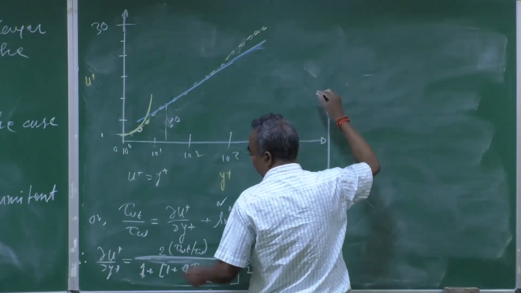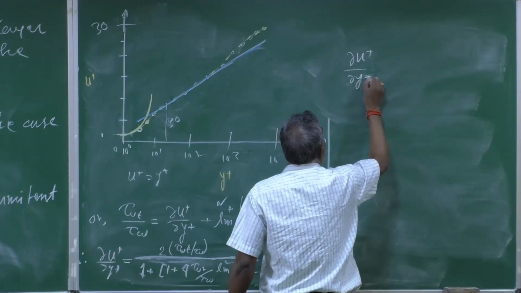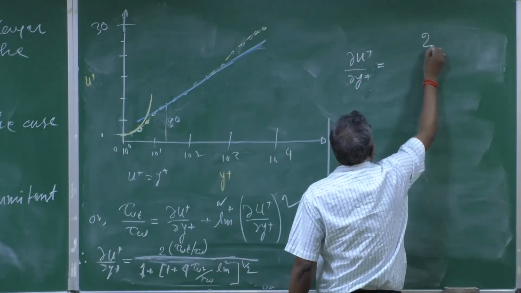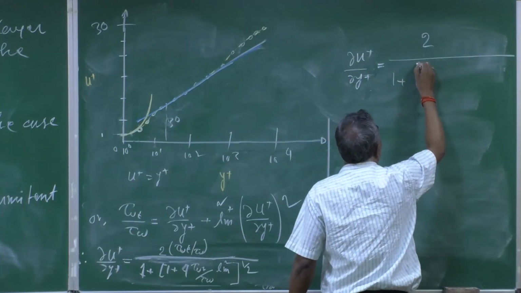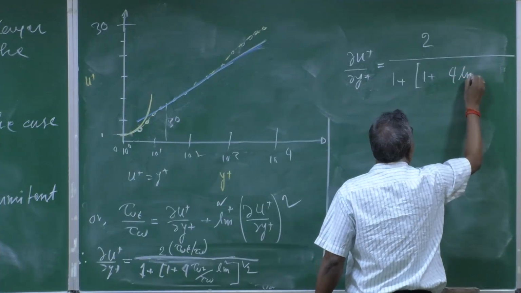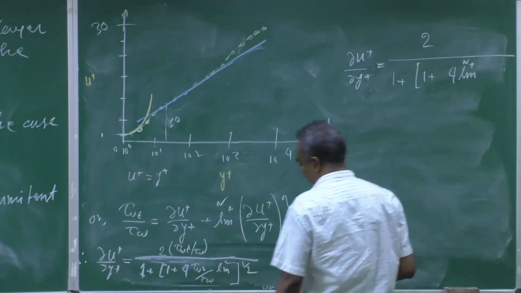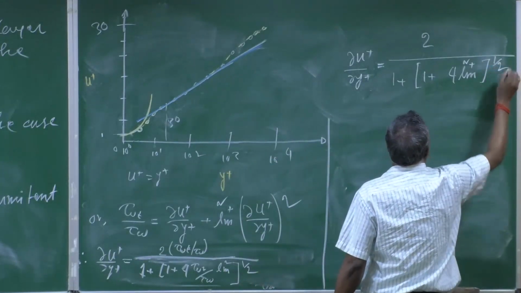So, very close to the wall, your del u plus by del y plus can be written as 2 by 1 plus (1 + 4 Lm plus squared) to the power half.